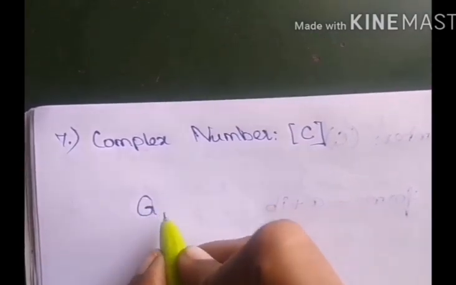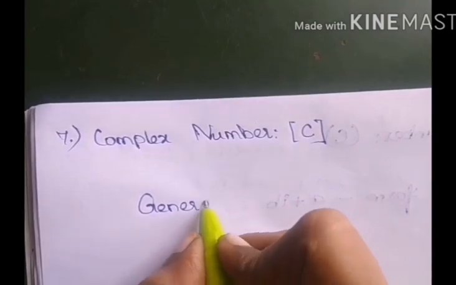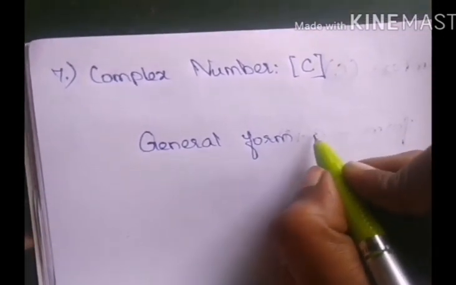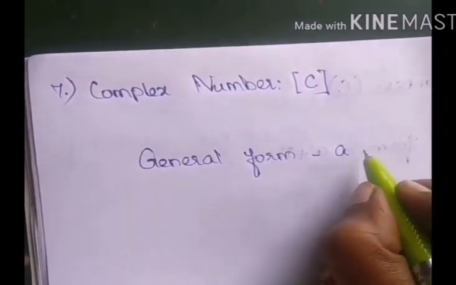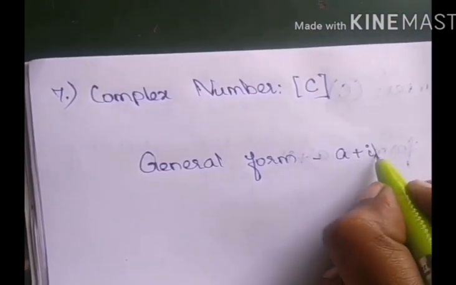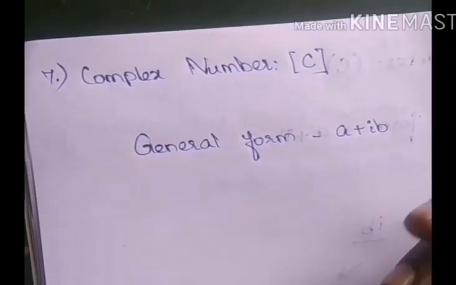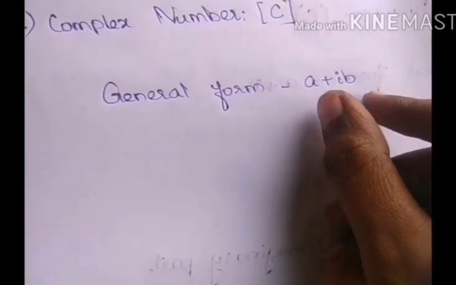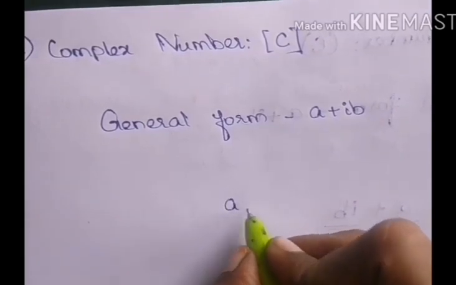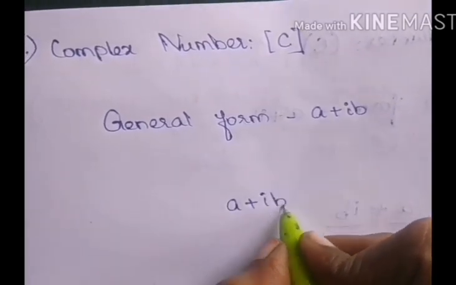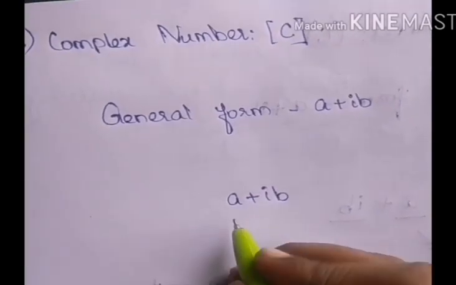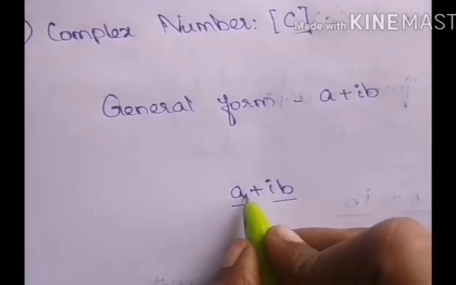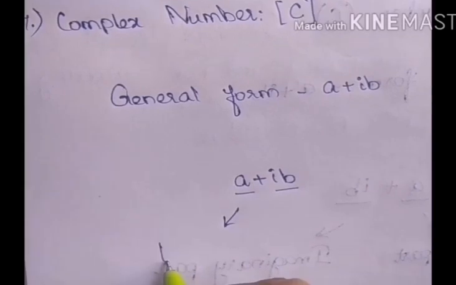Now the general form of complex number is a plus ib. This together is a complex number. Generally, complex number has two parts in it. First part is a, and the second part is ib. This first part is called real part.